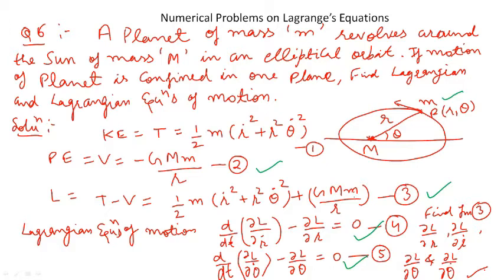Now from equation number 3 we will find del L over del r, del L over del r dot, del L over del theta, and del L over del theta dot, and we will put these values in equations number 4 and 5. Thus we can find the Lagrangian equations of motion of the system.